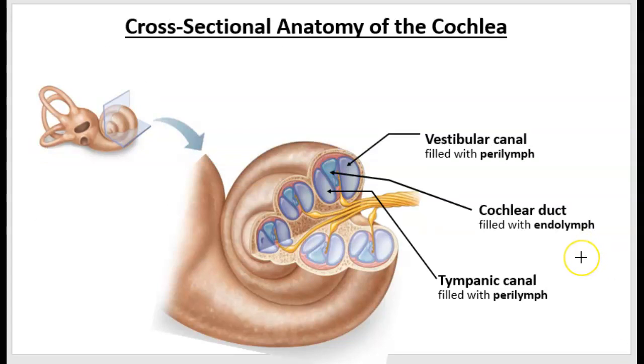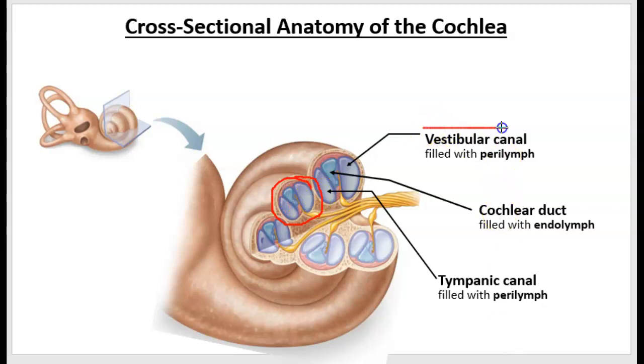So to understand how the hair cells sitting on the basilar membrane of the cochlear duct are excited, we need to look not at an unrolled version of the cochlea, but at a cross section of it. We need to look at one region right here, and how these spaces are partitioned.